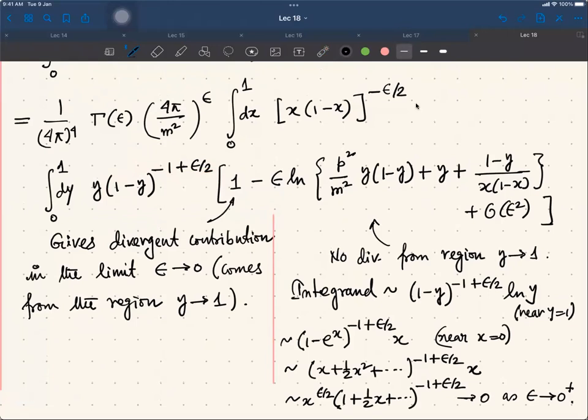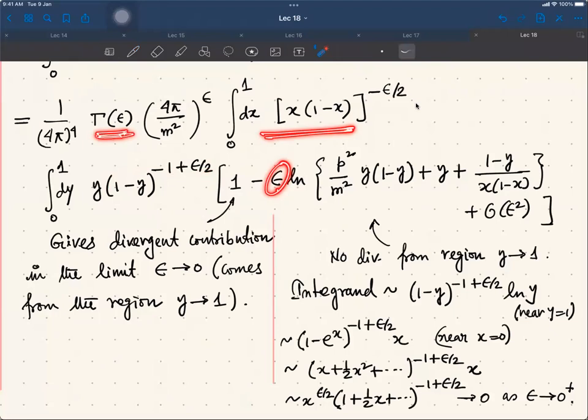So since there is no divergence from the second term, it will produce a finite contribution, but it multiplies a factor of epsilon. So epsilon times something finite. That epsilon is multiplying gamma epsilon, and this is finite in the epsilon going to 0 limit, but gamma epsilon has a 1 over epsilon pole.